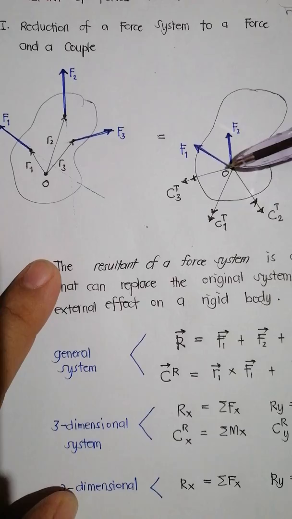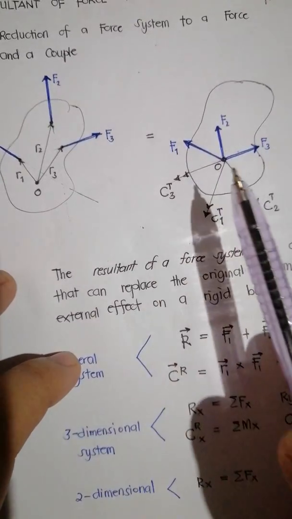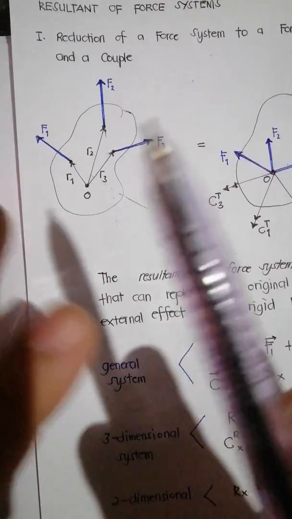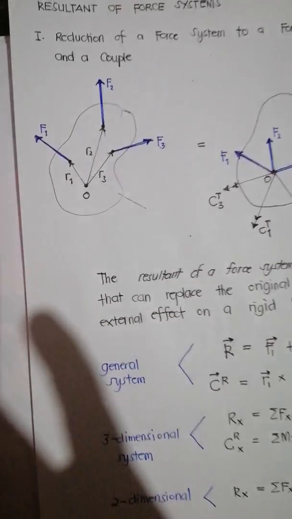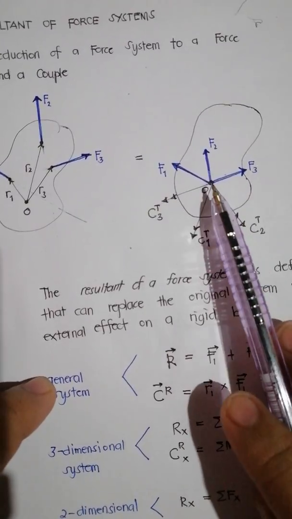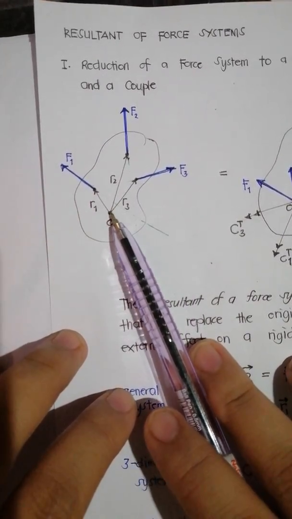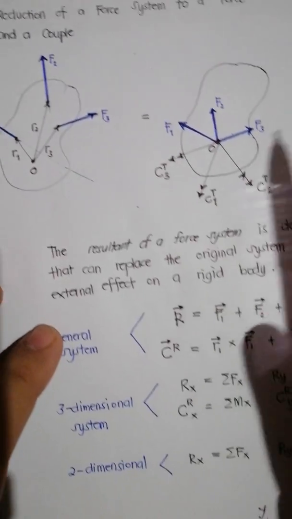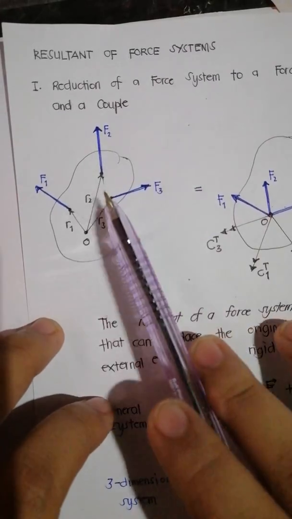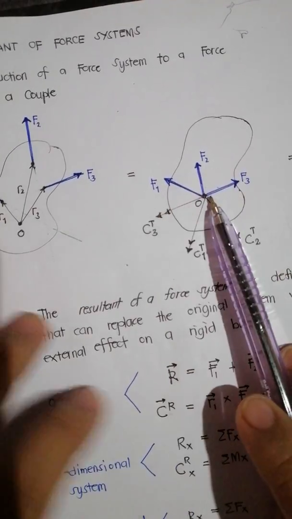There's also another couple of transfer formed. We call that CT3. Okay, so this force system is equivalent to this force system. What we did is that we made this non-concurrent force system a concurrent one. But since we transferred them into a single point, couples of transfer are formed. Therefore, we have reduced this force system into a force couple system.